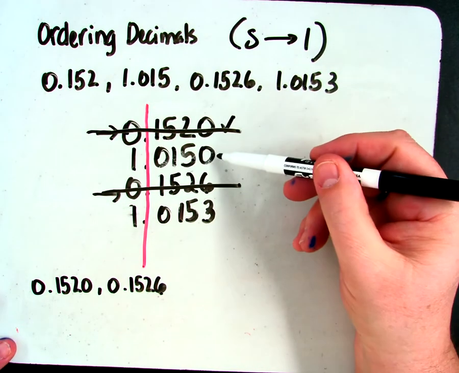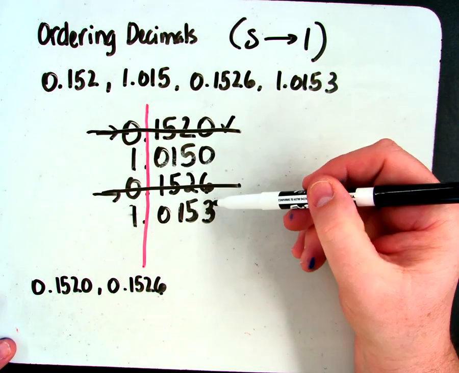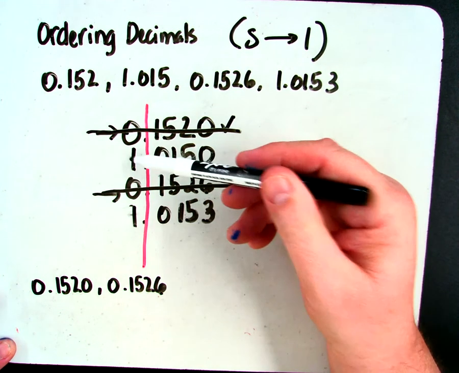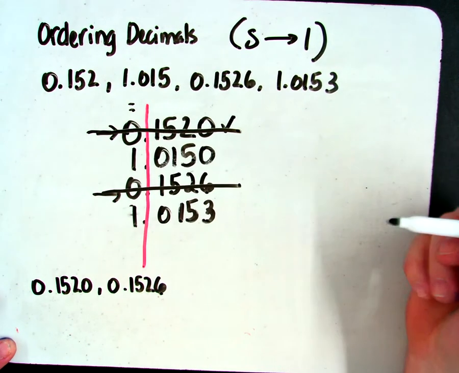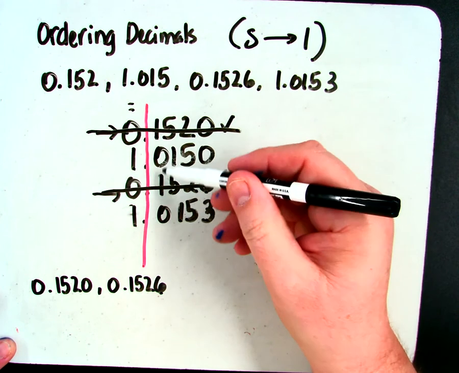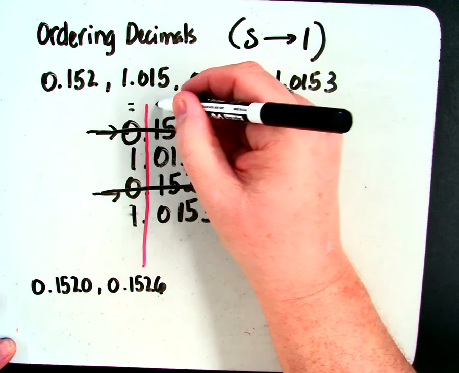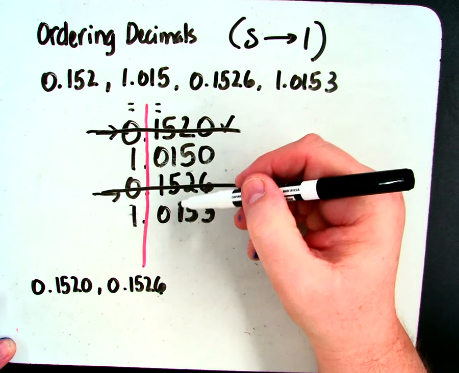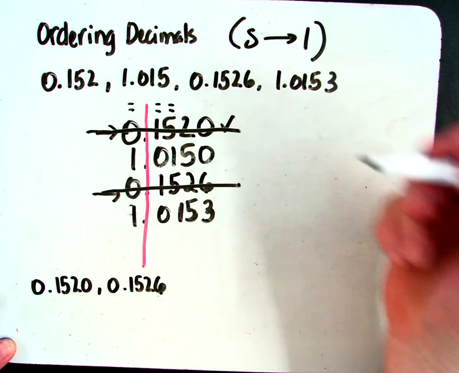Now our focus is here and here. If we look down our first column, we have equal numbers. When we look down our second column, we have equal numbers. Our next column, we have a 1 and a 1. Those are equal.